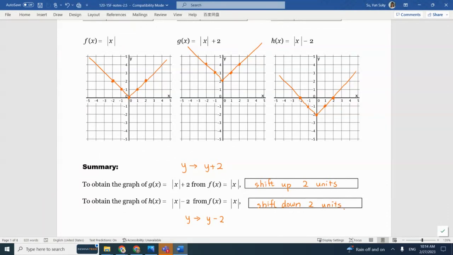Okay. So this is the transformation, vertical shift. If you add a number or subtract a number from the y, so it's like the entire function, you add a number or subtract a number, then you either shift up or shift down. So this is vertical shift.